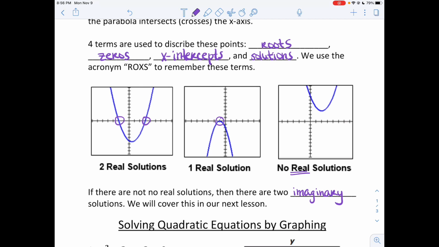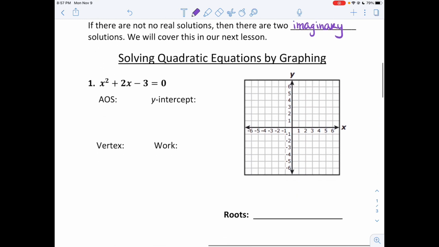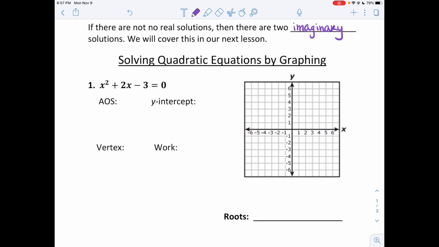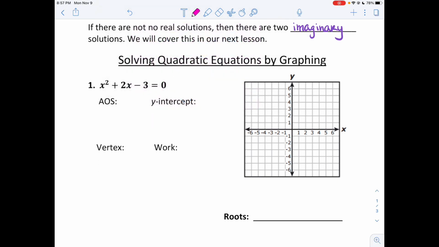So the first type of solving that I want to show you today is solving by graphing. And so we have a quadratic equation here. It is in standard form, in the form of ax squared plus bx plus c is equal to 0 because we are solving, so y is equal to 0.